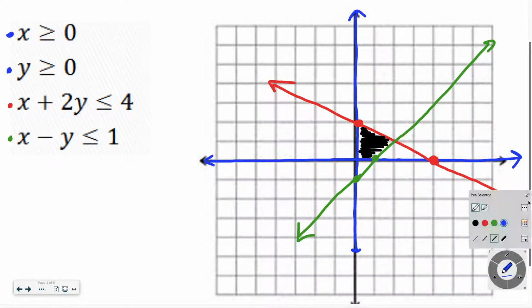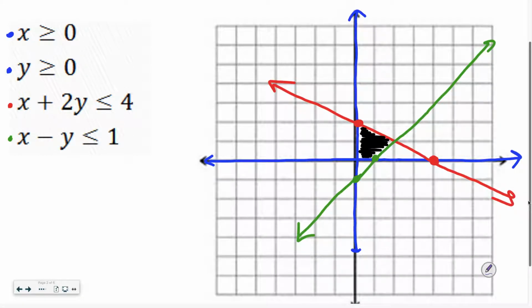How many vertices does it look like we have? I think it's 4. We have 1 right here. That's the corner, right? That's an intersection point on my boundary. What coordinate is that?